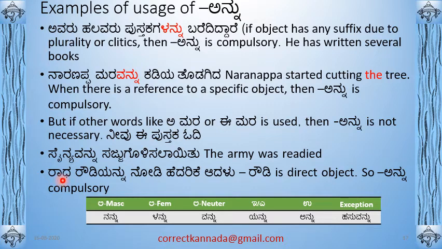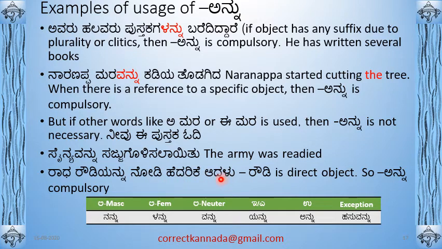Okay, Radha Rowdiyannu Nodi Hedarike Adalu. Radha, rowdy means some ruffian, right? Some bad person. So Rowdiyannu Nodi Hedarike means get scared. Hedarike Adalu. The feeling of being scared. Adalu is to become.